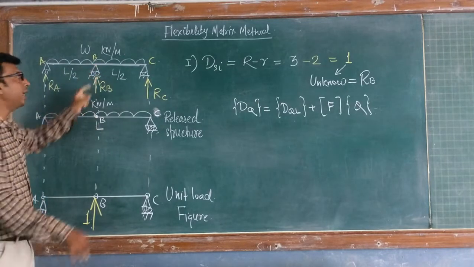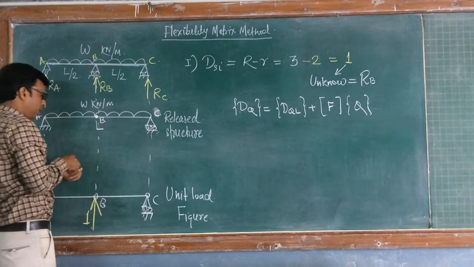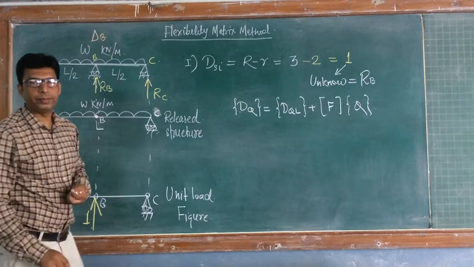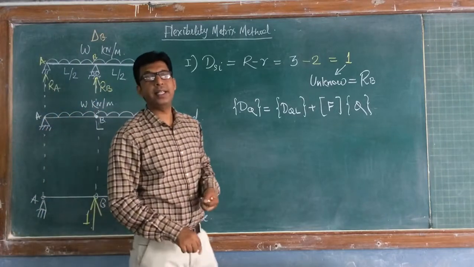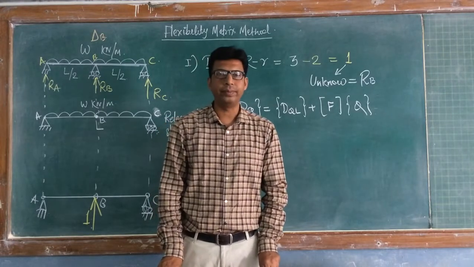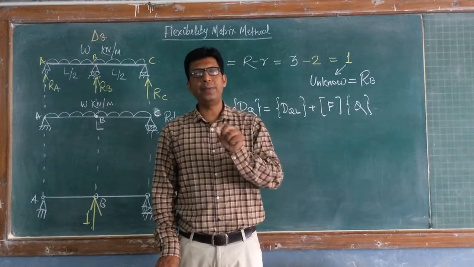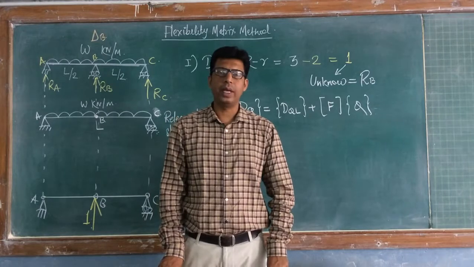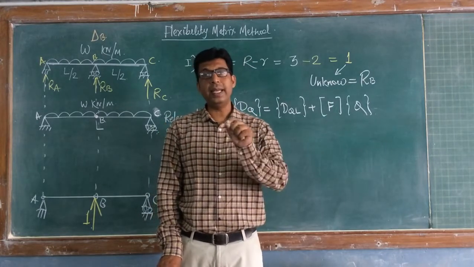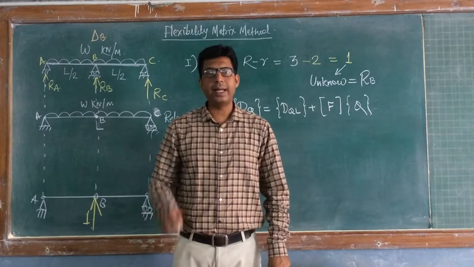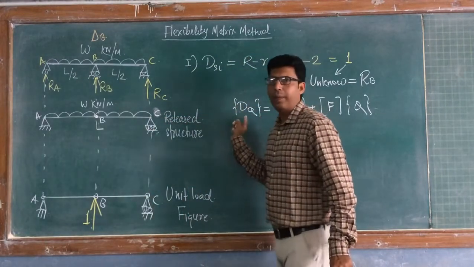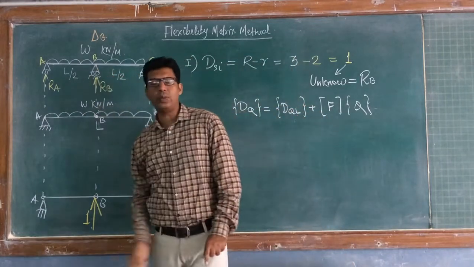So in the original structure, the displacement corresponding to the vertical reaction is delta B. Is there any vertical displacement given in the original structure at point B? Normally, if sinking of support is given, sinking means vertical displacement of the point, and that sinking will be accounted for in the dq matrix.